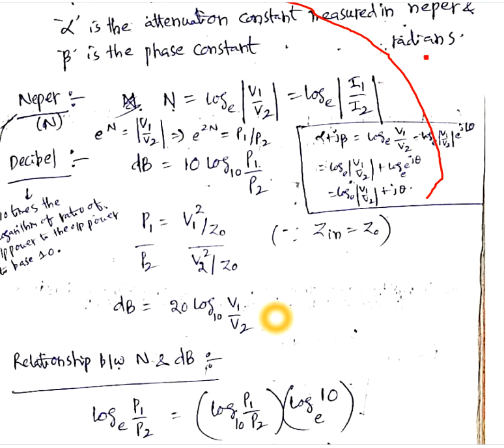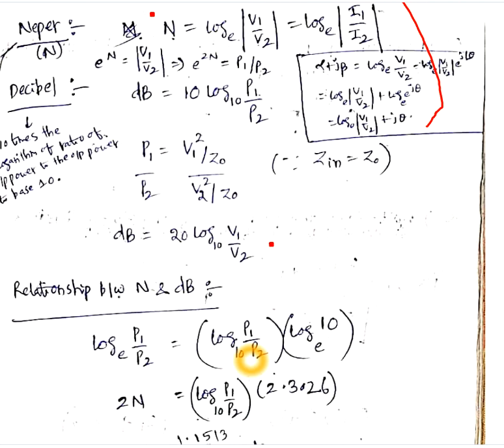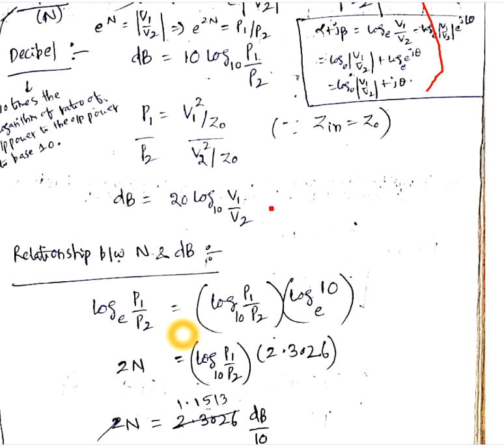So when this is decibels and this is nepers, we need to get a relationship between nepers and decibels. So it will be asked in the bits. It is very important. Fine. Okay, now we will see what is the relationship between these two. For that we will consider natural logarithm of P1 by P2 first, and then we will replace that with this product. So that means log a to the base b is nothing but log a by log b. You all know that.